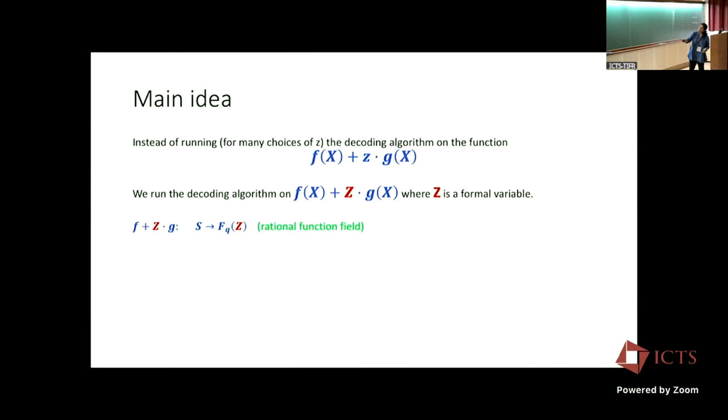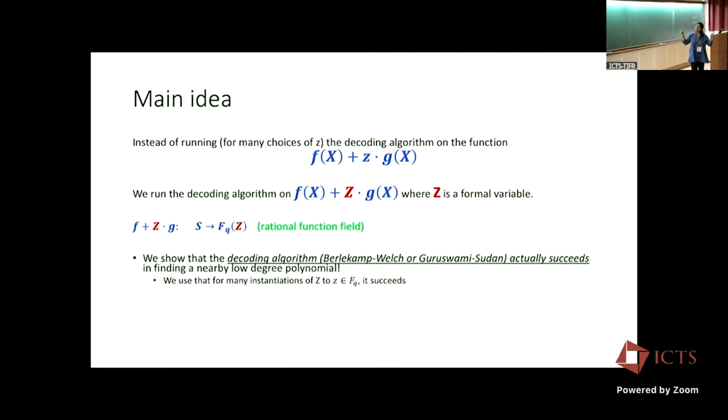Let's run the Berlekamp-Welch algorithm on this received word over this gigantic field. We don't know that this is close to being low degree in this gigantic field, but we will prove that the Berlekamp-Welch algorithm is successful and finds a nearby low-degree polynomial. The proof will use the fact that the Berlekamp-Welch algorithm is successful for many instantiations of capital Z to little z. So let's start running the Berlekamp-Welch algorithm over this large field and see what happens.